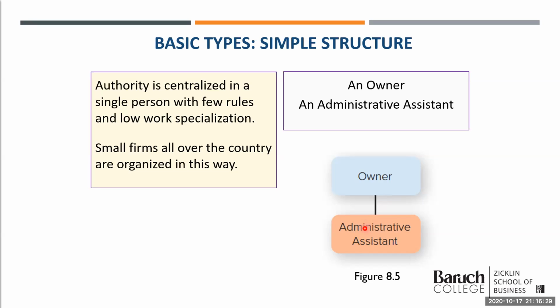So your local landscaping company is probably going to have a structure similar to this. Basically there would be the owner, and often the owner was also an operator, right? So they would be out there cutting lawns, and then they would hire one other person to help with the customer service end. So while they're out and about cutting lawns and actually getting the work done, any kind of customer inquiries or sales calls or billing concerns, things like this, they would have an assistant.